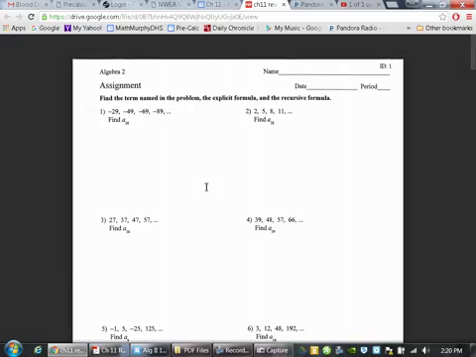There's something called an explicit rule and a recursive rule. The explicit rule is what we've been doing, the explicit formula. Write the rule for the nth term, that's all that means. Later on, we talk about recursive. They just call it something different, even though it means the same thing. It's just a fancier way of writing it.